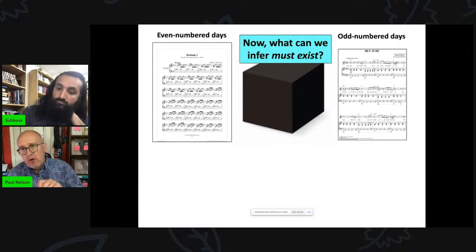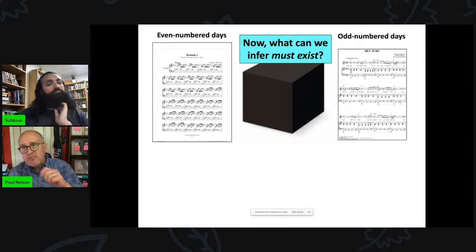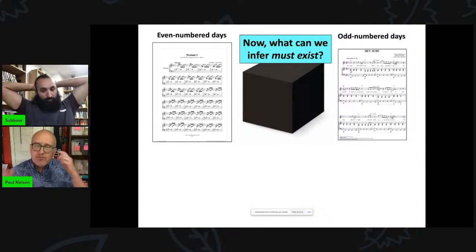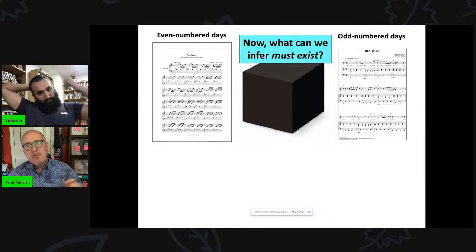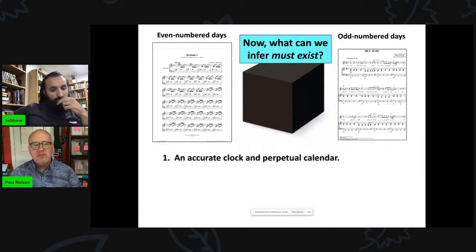You haven't unscrewed the base and looked inside to see what the circuitry is. But just from your observation of what the box is doing, you can infer the existence of certain things, such as an accurate clock and perpetual calendar, because it's always hitting at 8 a.m. for your particular time zone.